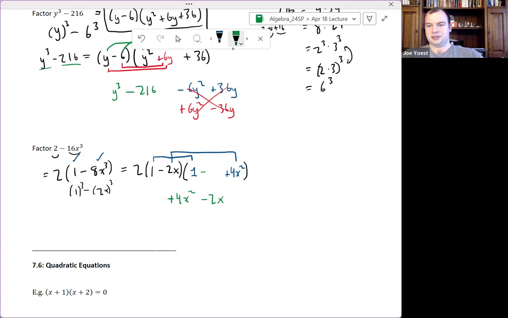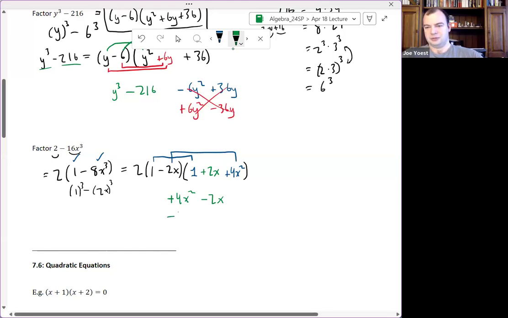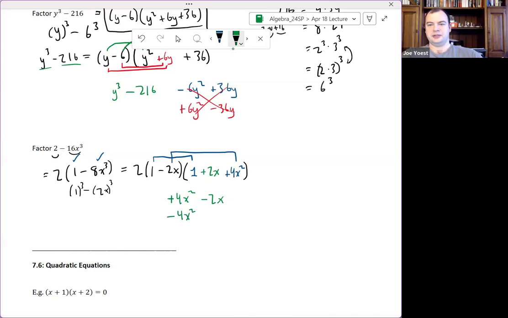So minus 2x against a plus 2x gives me a minus 4x squared. So that gets rid of my extra x squared bit, but then I also have this multiplication here as well.